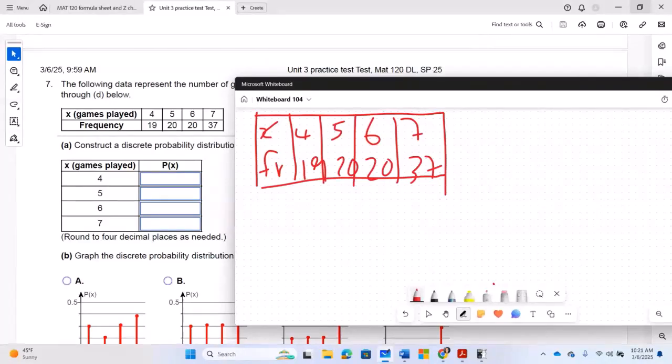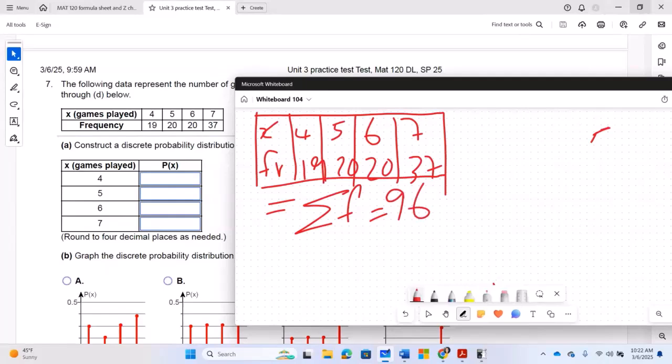Okay, so the first thing I want to do is to add the frequencies and find the total frequency. So I have 20 plus 20 is 40, 40 plus 19 is 59, let's call it 60, 60 plus 36 is 96, so we got 96.